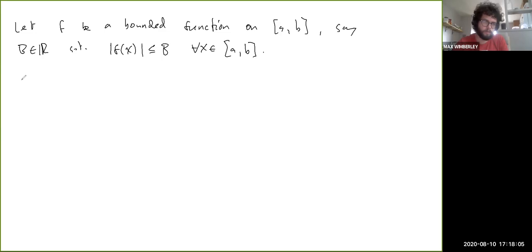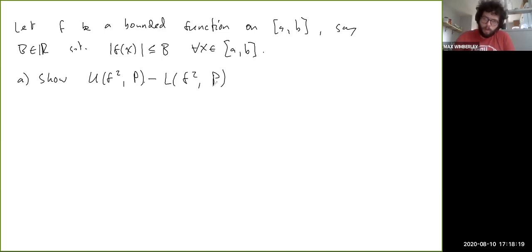So the first part here is show that the upper sum of f squared on some partition minus the lower sum is less than or equal to 2b times the upper sum of f minus the lower sum of f.